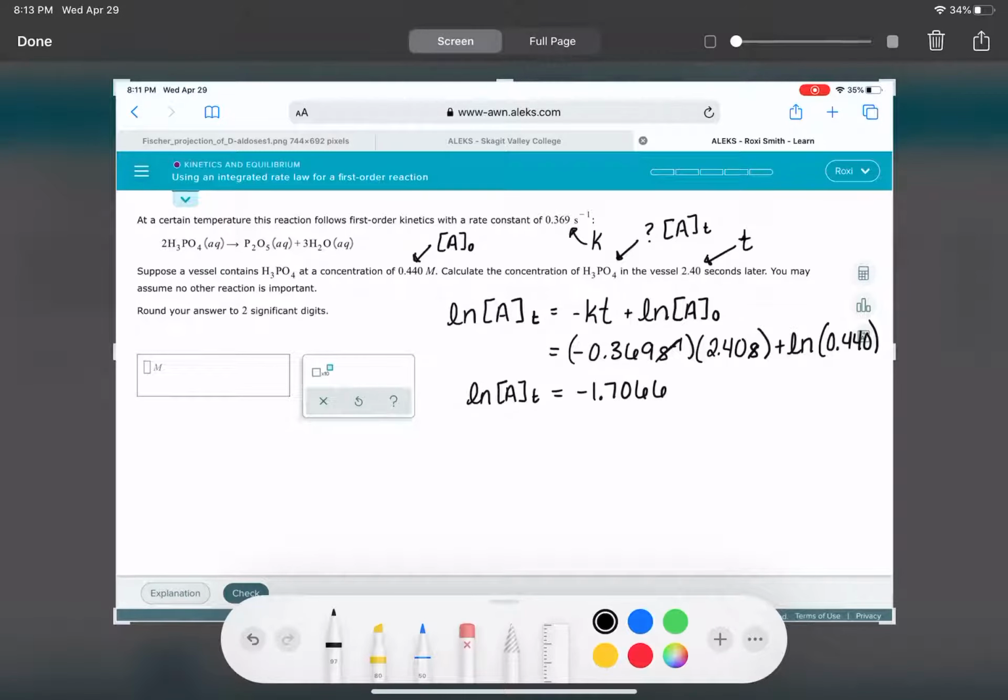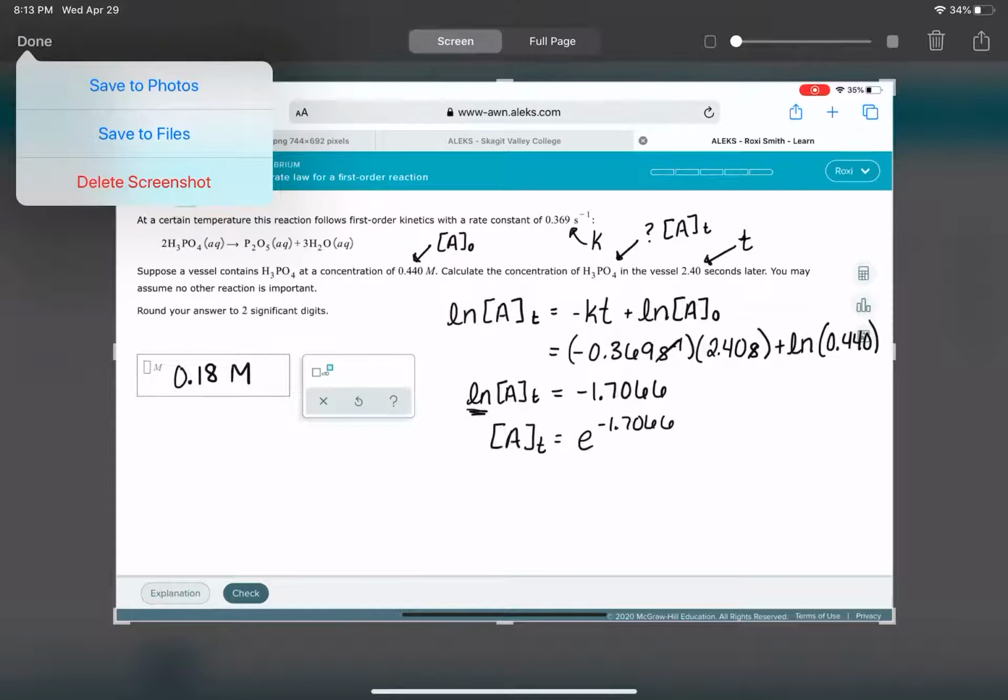And to get rid of the natural log to solve this equation, we are going to use the e to the x function, e to the negative 1.7066. That will undo the natural log, and the concentration that we end up with is 0.18 molar.